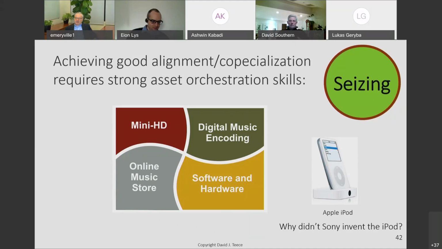And what Steve Jobs understood is that a device without music available is not a device that anybody wants. And if you remember back to this time period in early 2000, there was so much music piracy around that the recording companies, the studios, the publishers didn't want to have anything to do with the internet.